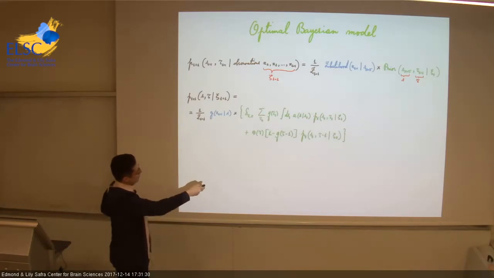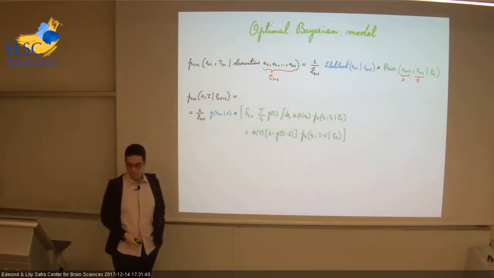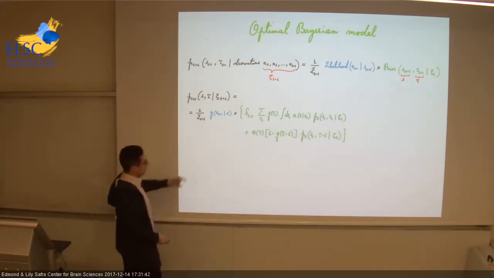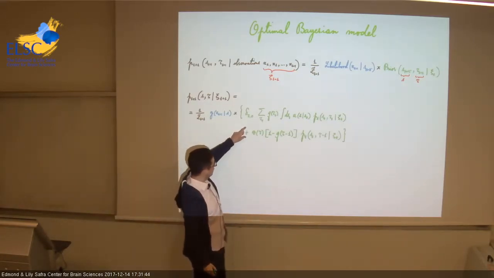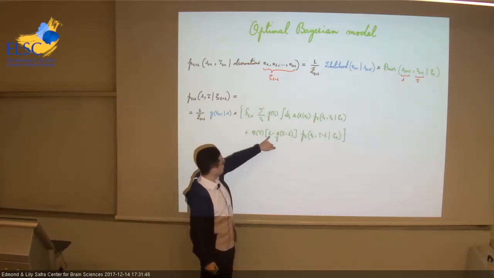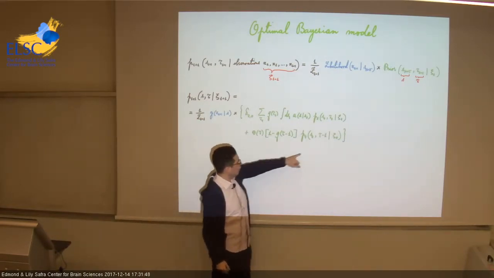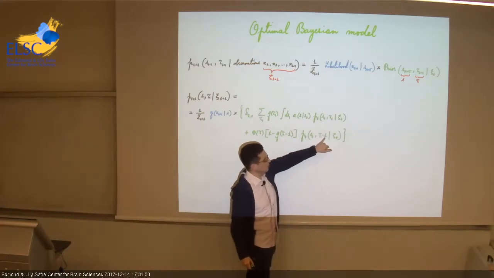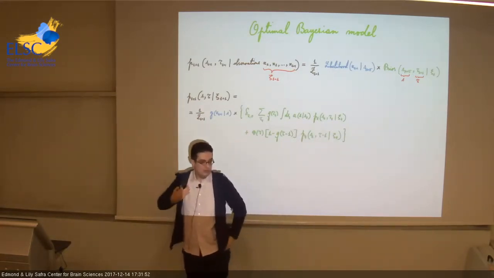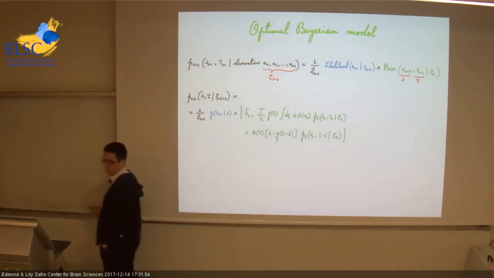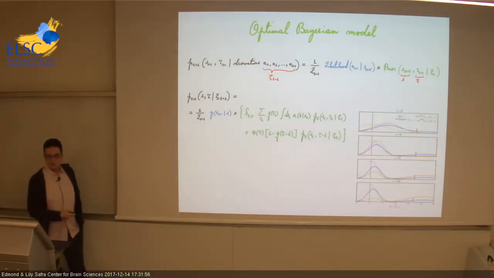And you have to sum over all the probabilities of having a change point, which involves the probability of having a change point given tau, and all the possible states that you're in. Okay? The other piece of the prior is you did not have a change point, so that comes with probability 1 minus q. And all you have to do is to slide from tau minus 1 to tau. So your tau, you just get older by one trial.